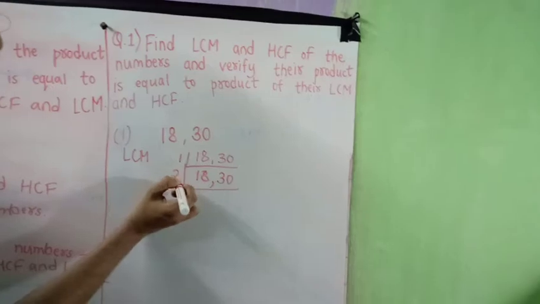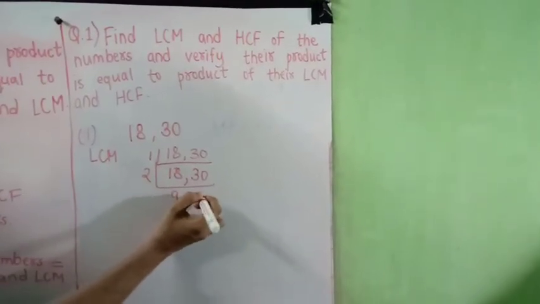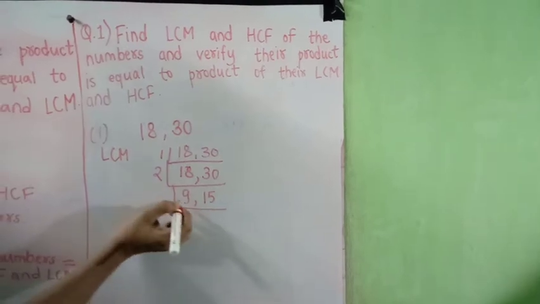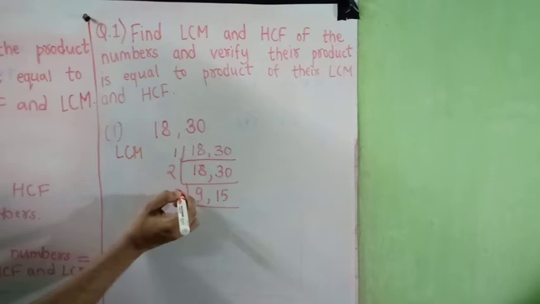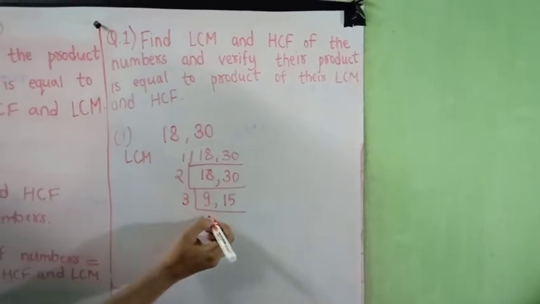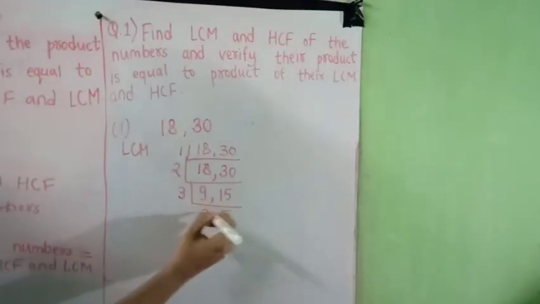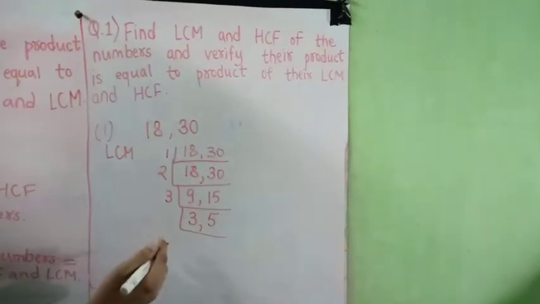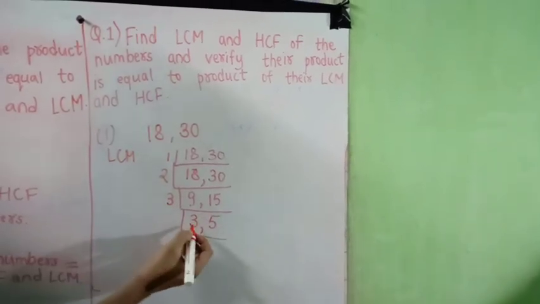Check for 2. 2 9s are 18 and 2 15s are 30. Now 9 and 15 both will not come under 2 का table, so we'll go for 3. 3 3s are 9 and 3 5s are 15. Again check from 2. 2 के टेबल में दोनों नंबर नहीं आएगा. Go for 3. 3 के टेबल में 3 आएगा.